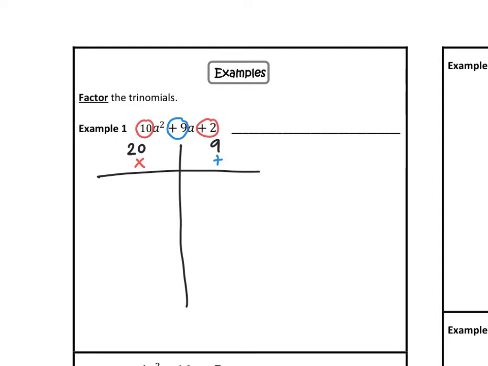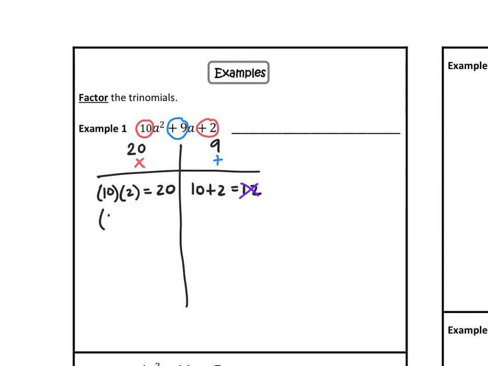So we can try the first combo: 10 times 2 is 20, but 10 plus 2 is 12. That's not the number in the middle, right? So is there another combo that works?